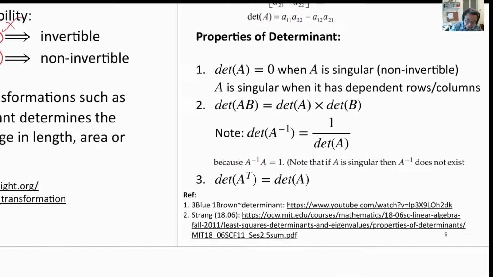Some properties of determinant, we have seen this before. When determinant of the matrix A is 0, the matrix is singular. It means that it has dependent rows and columns.